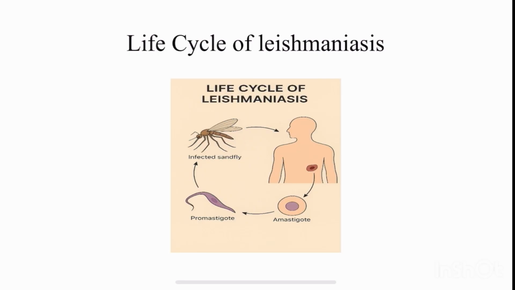Okay, once the number of amastigote forms increases to a much larger number, they will burst from the macrophages and get into the circulation. In the circulation, it will reach various parts of the body, mainly affecting the reticuloendothelial cells or systems of the body, which mainly include the spleen, liver, and the bone marrow.